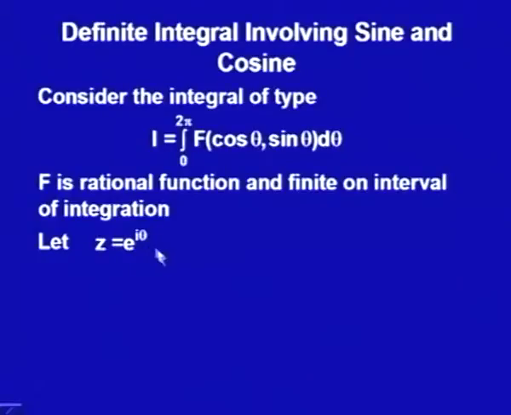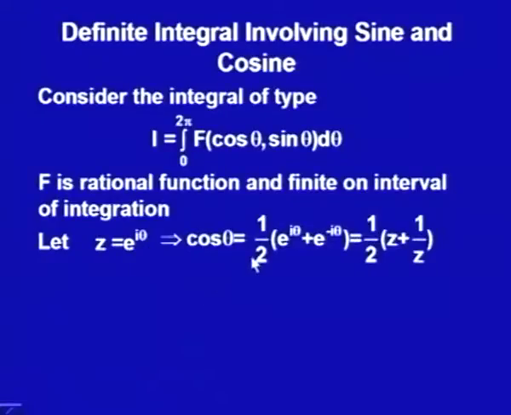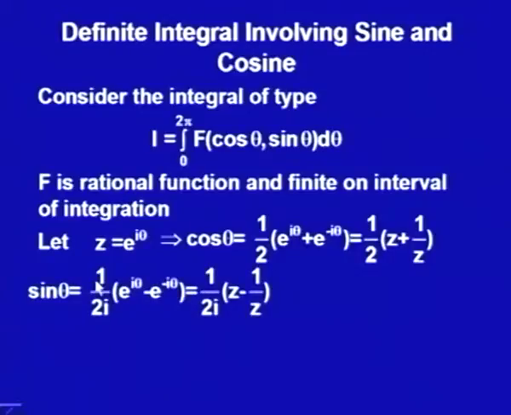We know that cosine theta is 1 by 2 times e to the power i theta plus e to the power minus i theta, or we could write it as 1 by 2 times z plus 1 by z. Similarly, sine theta is 1 upon 2i times e to the power i theta minus e to the power minus i theta, that is, 1 upon 2i times z minus 1 by z.